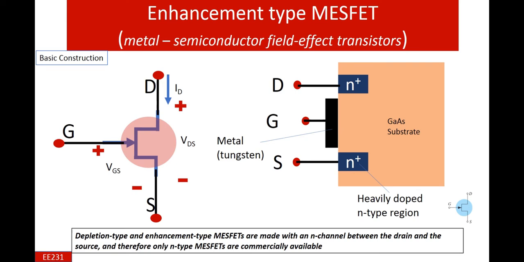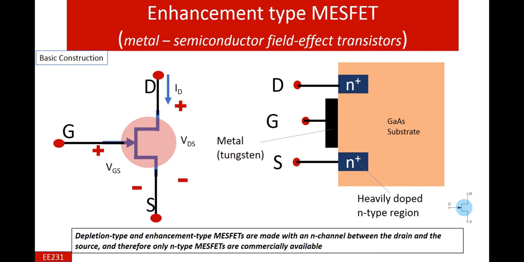And the symbolic representation is slightly different, because in this case drain, source and gate are connected with the terminals of the device, and this channel is drawn like the normal representation, like the drain and source terminals, and this arrow represents the n type enhancement MOSFET.